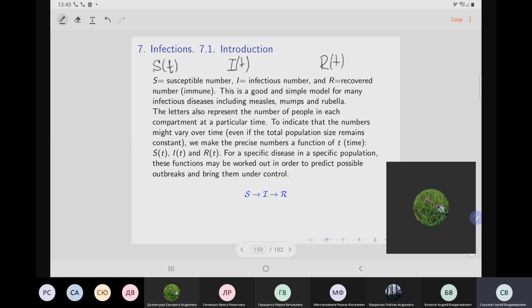So the interaction between susceptible, infected, and recovered is directed by the following formula.